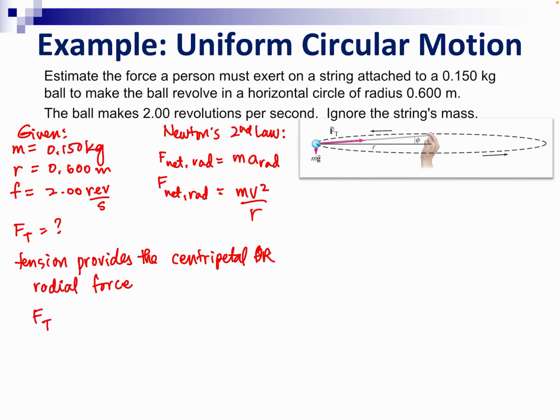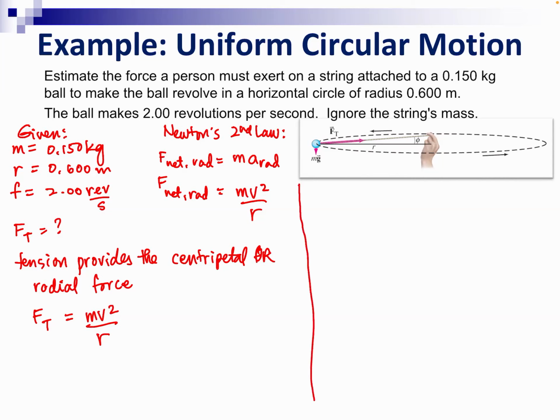So by Newton's second law, the net force along the radial direction, which is the tension, is equal to mv squared over r. The only thing stopping us from calculating tension is the linear speed. So we need to figure out what this v, the linear or tangential speed, is.